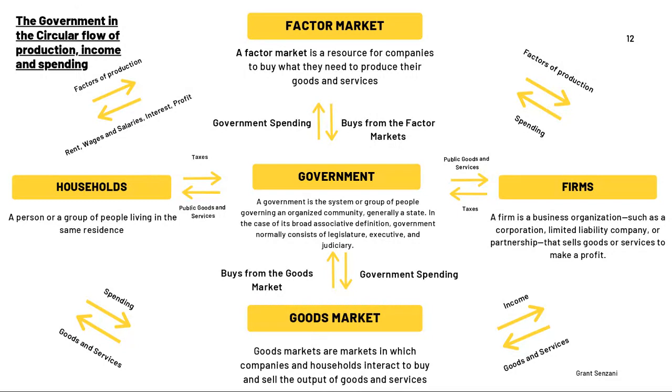So with government, what it basically does is that it takes taxes from both firms and households. In return, it gives public goods and services on both ends.